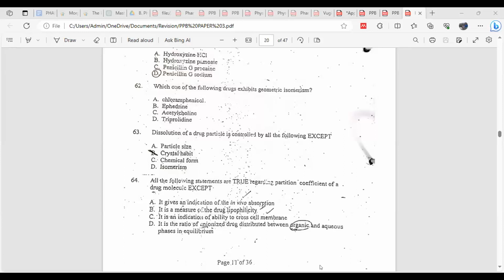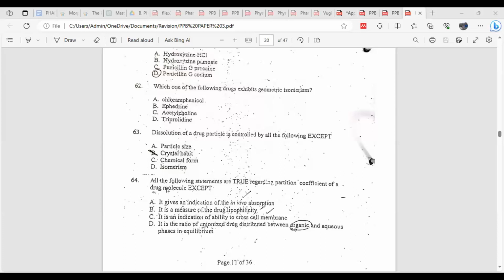I think isomerism is the right answer because I remember in organic chem we discussed isomerism. Maybe an isomer has a different mechanism of action to another isomer. So I think we can be comfortable with that one. Alright, Dr. Belinda. Yeah.